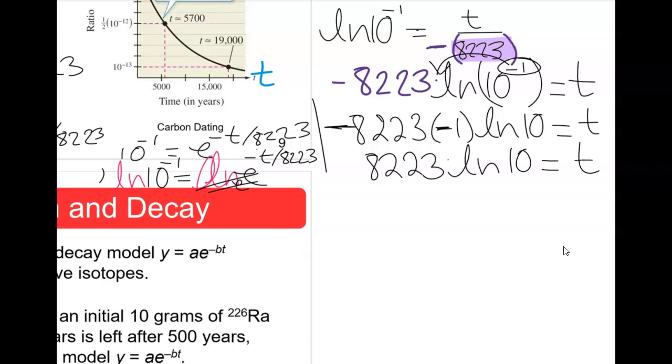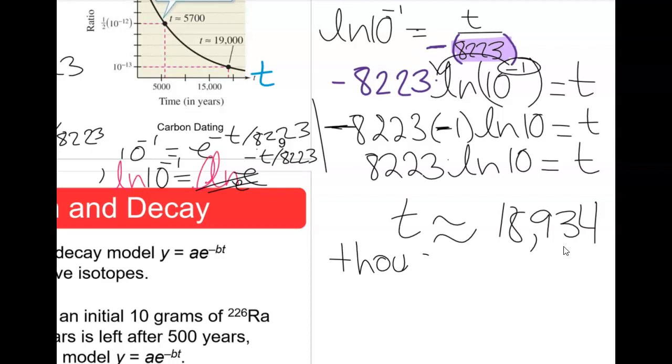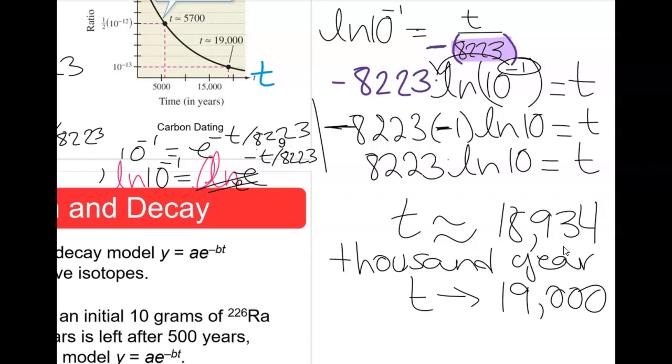And what we will get from there is approximately 18,934. So if we round it to the nearest thousand years, t will be rounded to 19,000. So that's the age of the fossil.